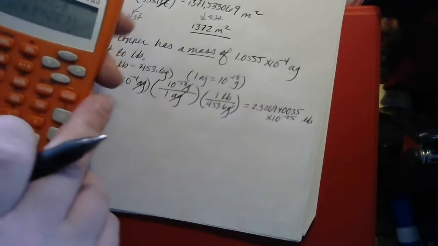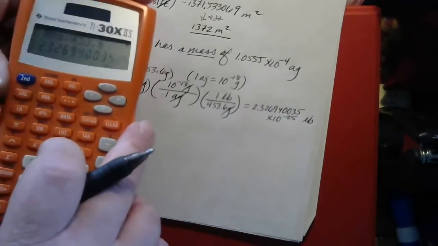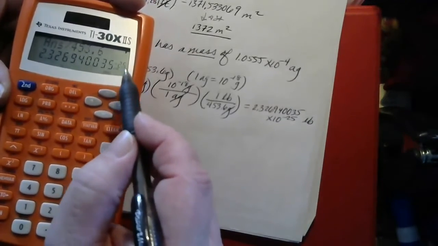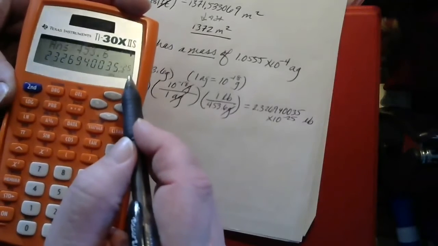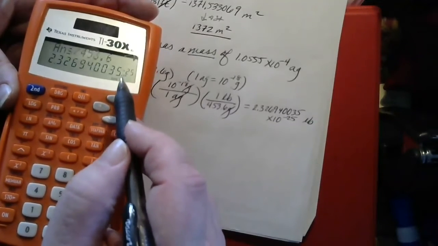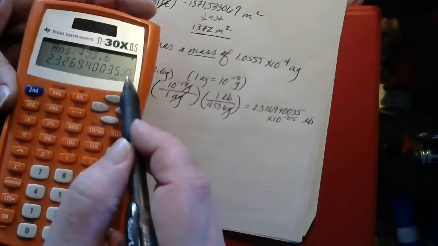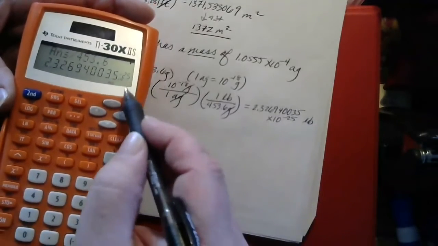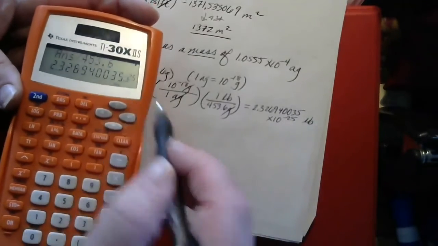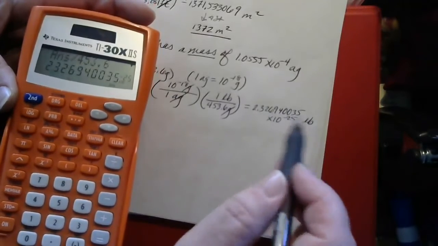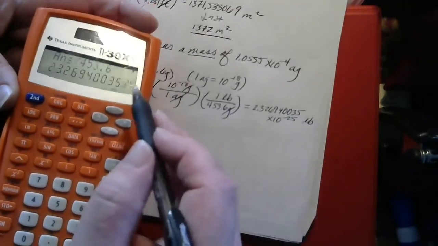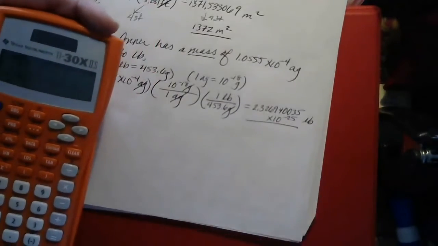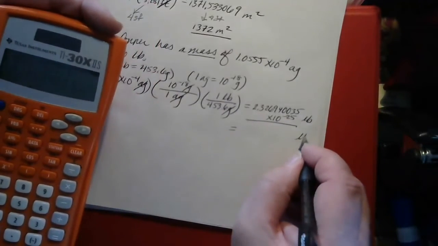It's important when you're working with calculators to be sure that you look for this at the end of the display. Some calculators display the times 10 raised to a power even smaller than it is on this calculator. So be sure that you look for that and don't just write it down as 2.3269 blah, blah, blah, and forget the 10 to the minus 25, because that's there. Okay, so that is our answer so far.